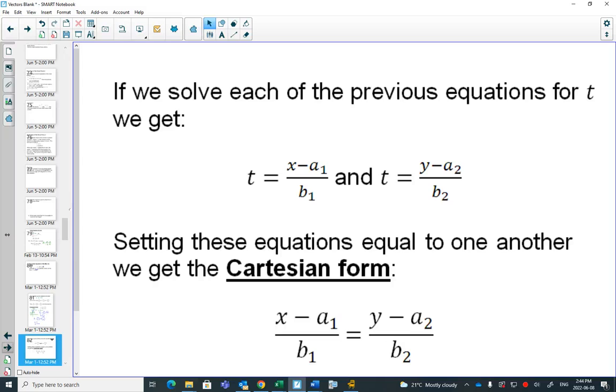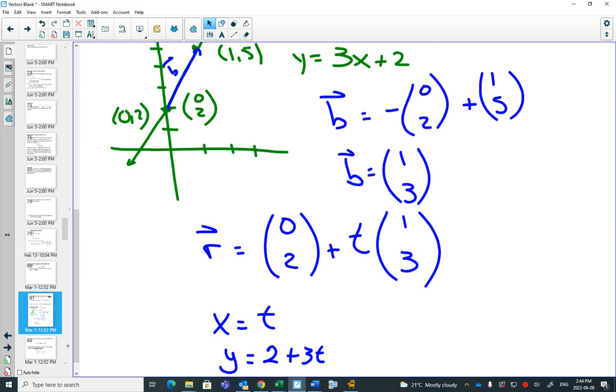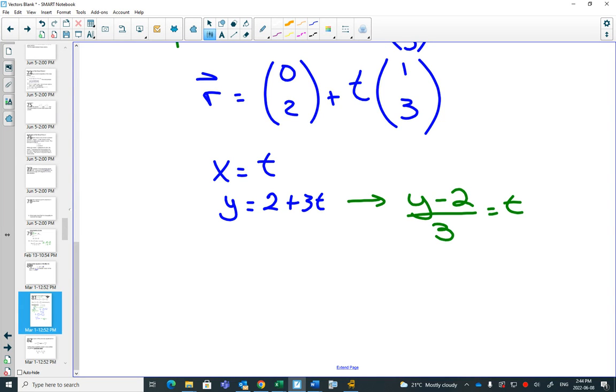Now this is the abstract way of doing the Cartesian form. Let's go back to our example to see what the Cartesian form looks like here. There, I have t all by itself. This equation, can you see that if you took y, subtracted 2 on both sides, and divided by 3, you would get t? And once you're equal to t on both, you can say, so I know that x has to equal y minus 2 over 3.